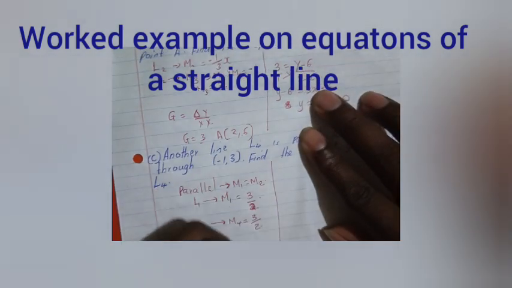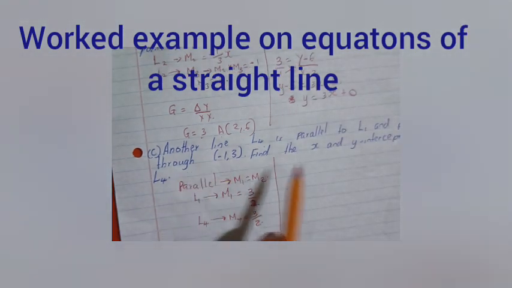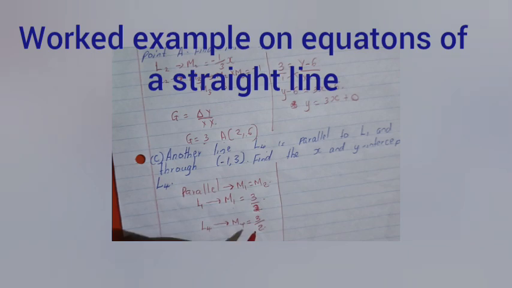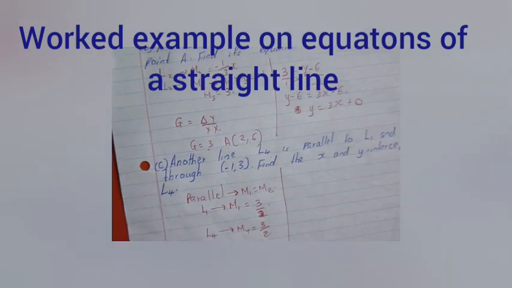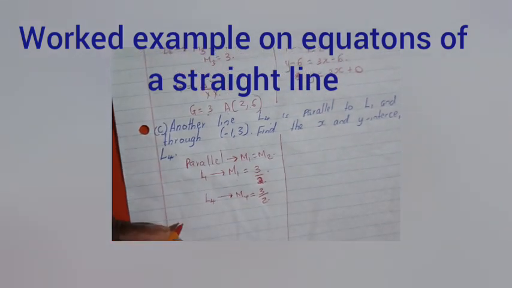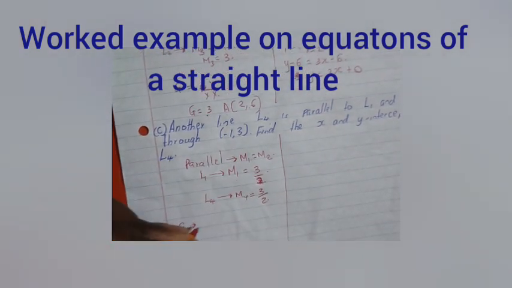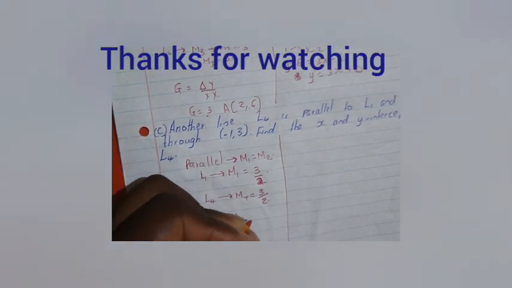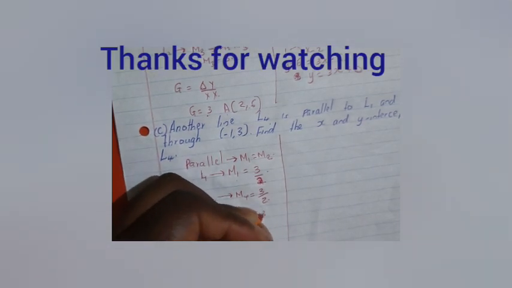Now before we get to the x and y intercept, we have to notice that for us to get the points, we need the equation, and to get the equation, we have the gradient, which is 3 over 2, and a point, which is (negative 1, 3).